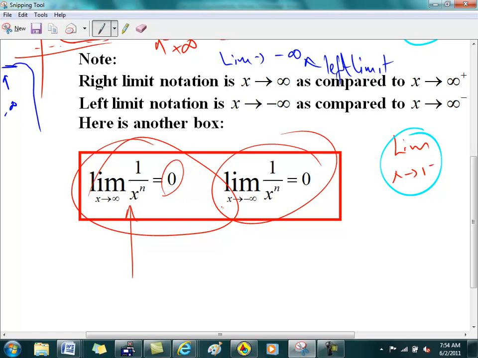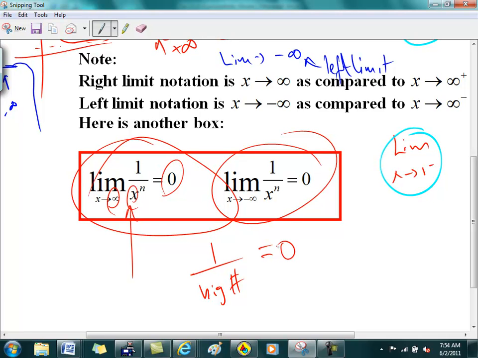Exactly. Exactly. What he's saying is that if this number here, x, is going towards infinity, remember infinity is a huge number, okay? And when you've got a big number here, what do you think the result's going to be? Close to 0. Close to 0.